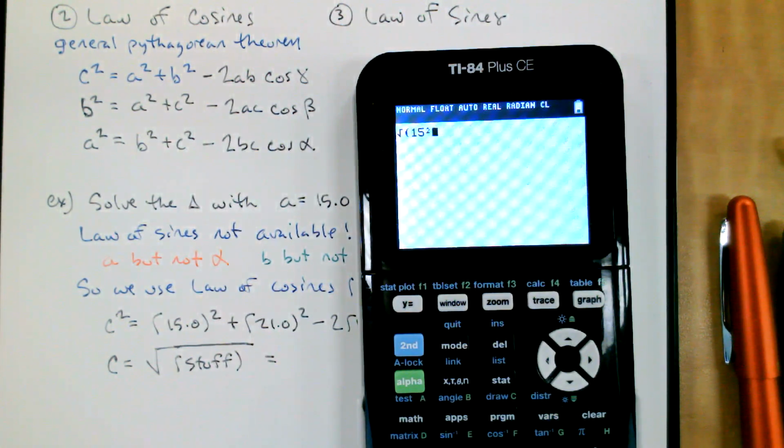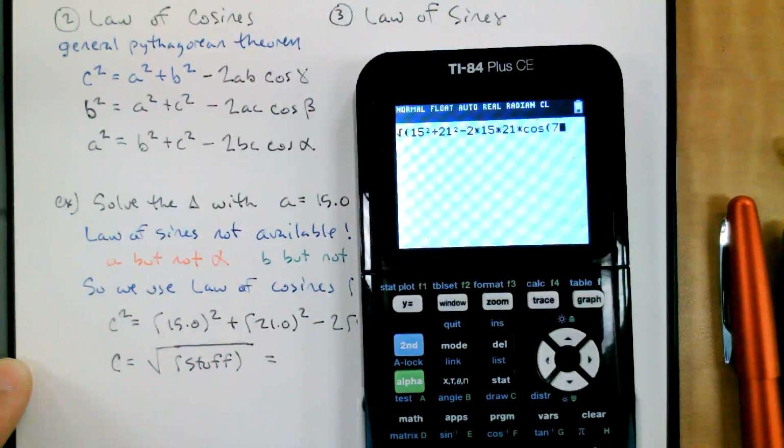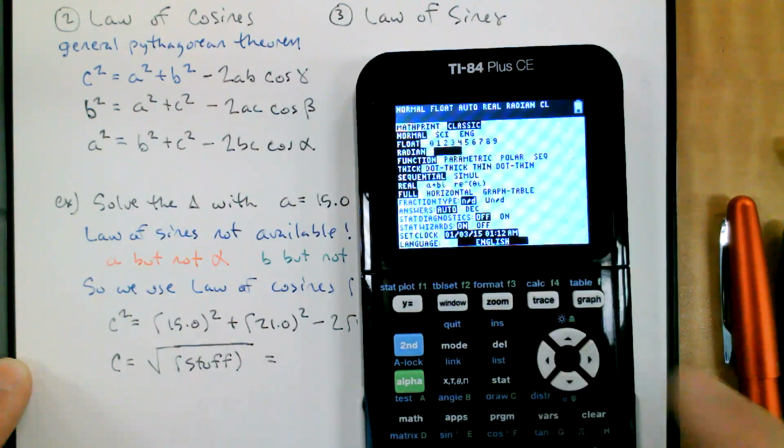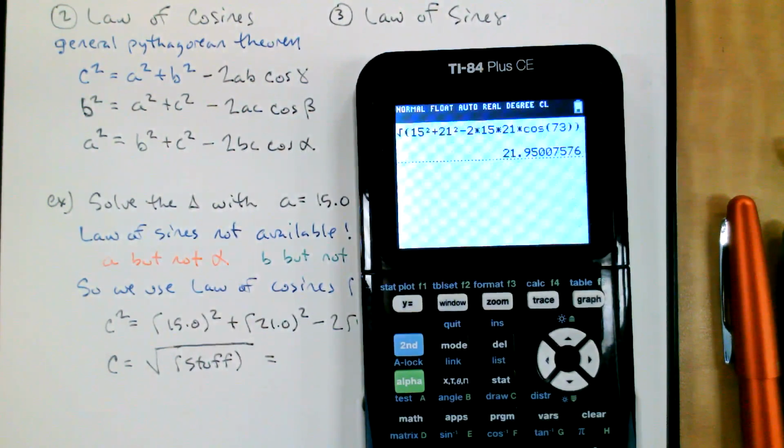We've got 15, that's given information. Don't have to worry about rounding and stuff. Plus 21 squared minus 2 times 15 times 21 times the cosine of 73. Make sure I'm in degrees. Close the cosine, close the square root, and hit enter. So apparently C is 21.95. We'll call it 22.0.